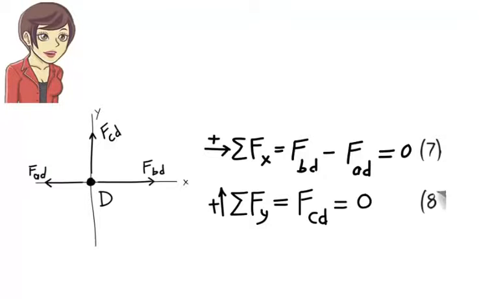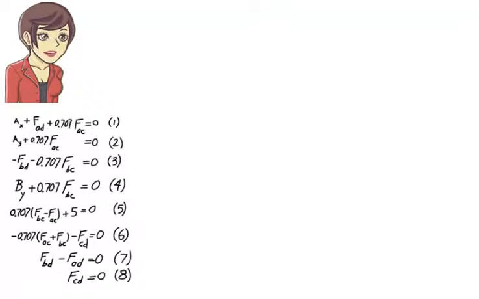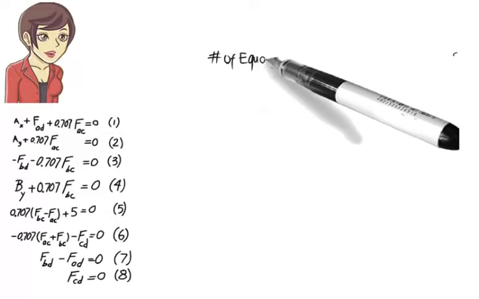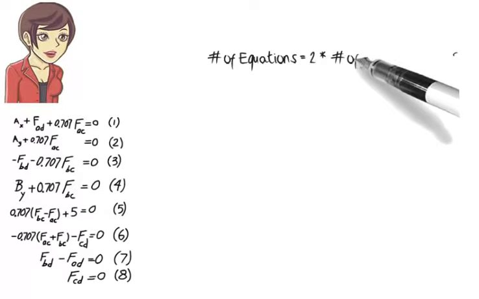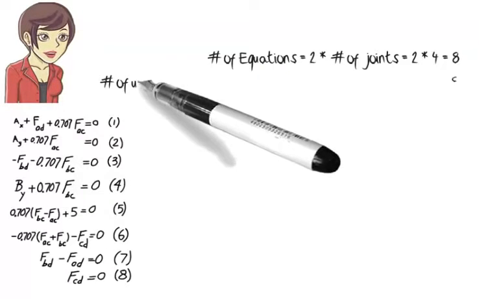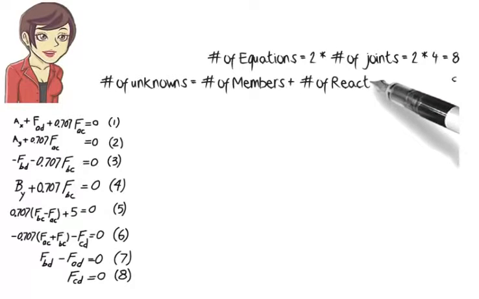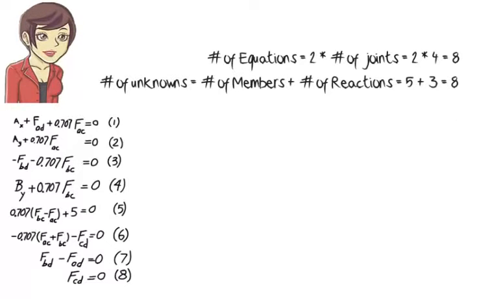So we have 8 equations and 8 unknowns. We formulated 2 equations per truss joint. That is, the number of equations equals 2 times the number of joints. And since the truss has 5 unknown member forces and 3 unknown support reactions, we get a total of 8 unknowns.